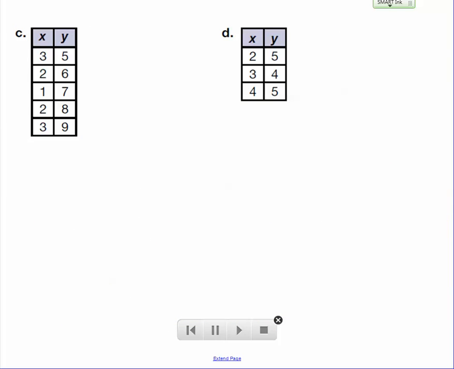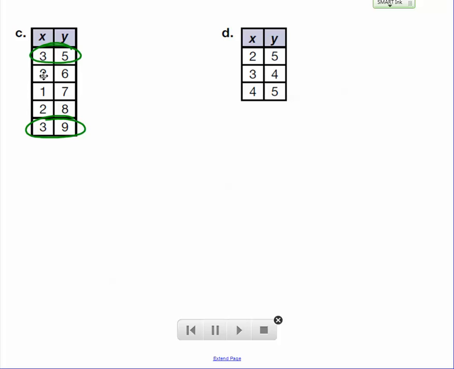Now, if we're not given a graph, we're just given a table of values, we can also determine if something is a function. Again, the definition still holds true: for every input, there can be only exactly one output. So every time I input 3, I should get 5, apparently. However, the second time I inputted 3, I get an output of 9. That alone is enough to determine that this is not a function.